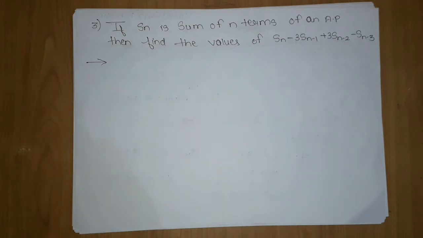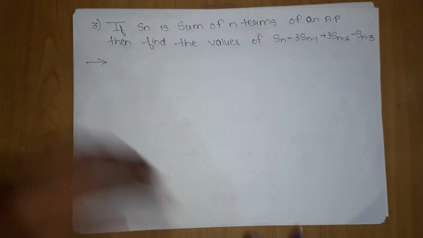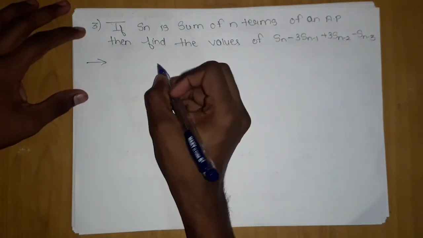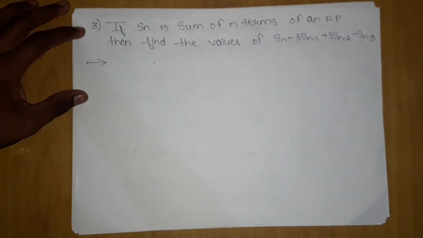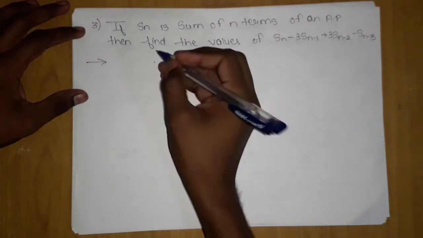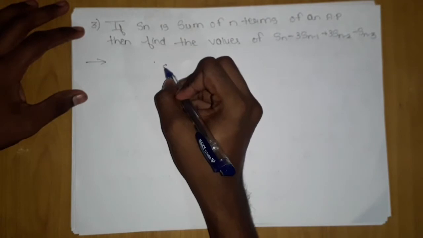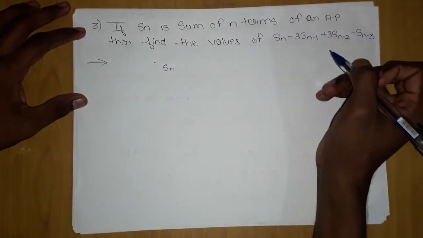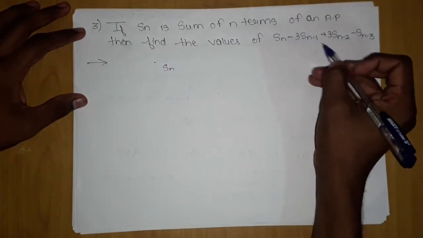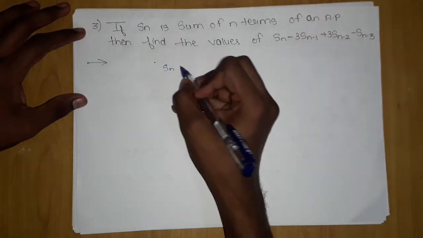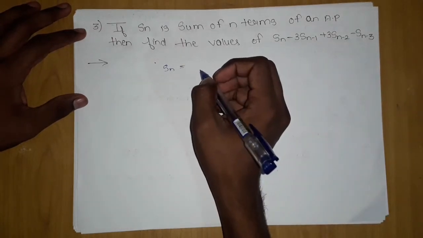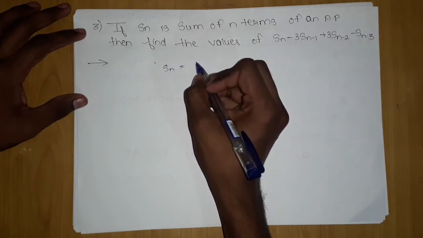Now for this question, you should know what we can think. We want to find Sn. Now for Sn we have one formula. We want to cancel these terms. If we put it, it will become more complicated.